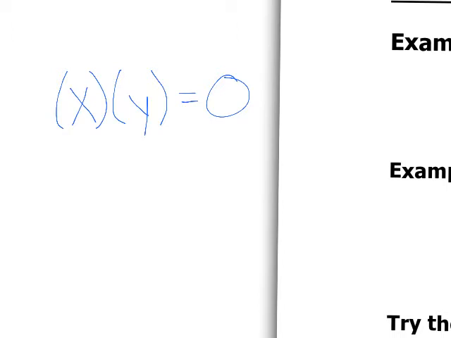Okay, but either the x or the y could be 0, because if this x is 0, 0 times anything is 0. And on the flip side, if y is 0, 0 times anything is still 0. So if I see things that are multiplied together equaling 0, that means any of those parts that are being multiplied together could be 0. And that would make the whole thing true. Okay? So that's the general idea of what we're looking at here.